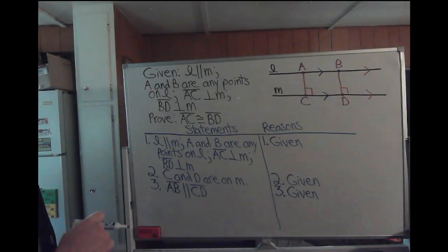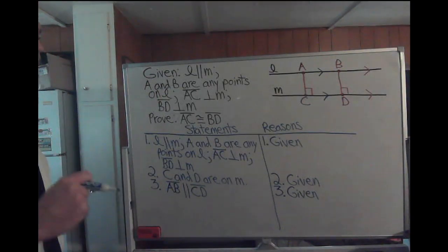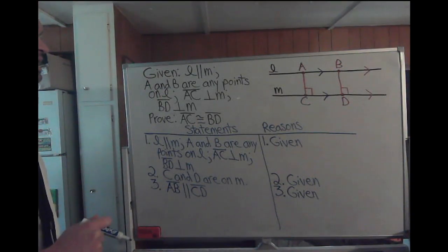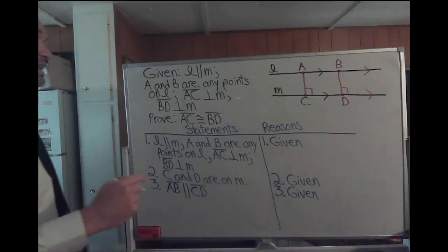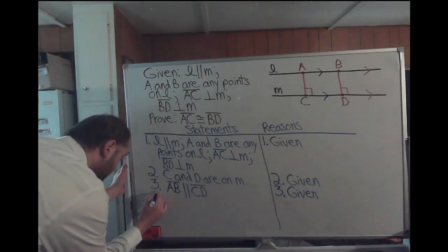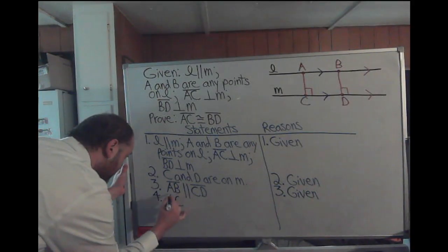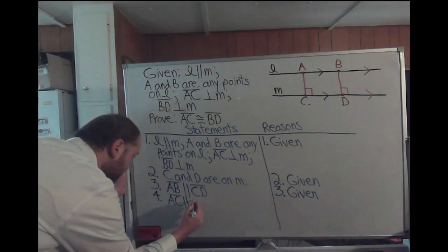What would be next? Well, I think the next thing we can soundly say is that AC would be parallel to BD. That would be step 4. So AC would be parallel to BD.